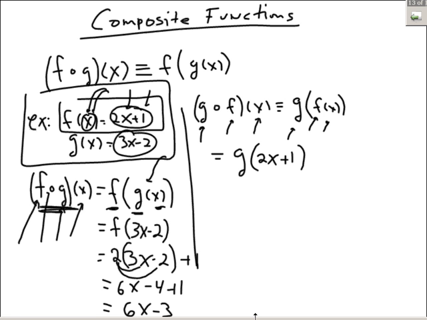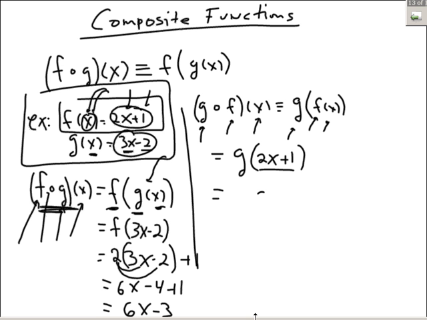Now, what does g do to x? It multiplies by 3 and takes away 2. What does g do to what's in the brackets? It multiplies by 3 and takes away 2.